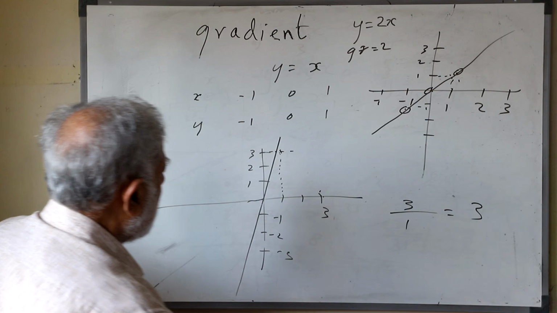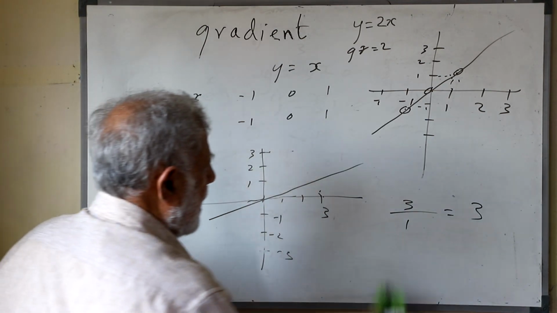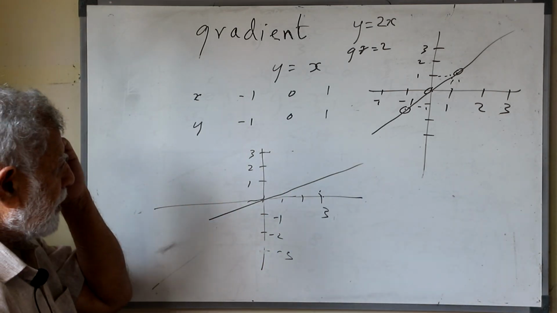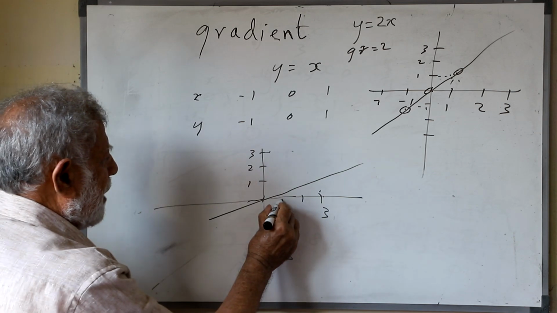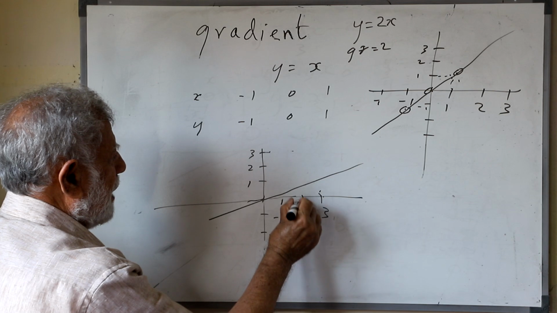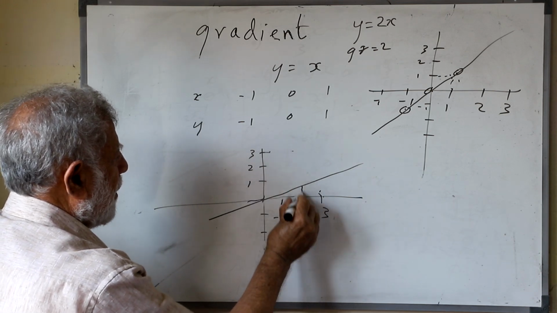We will take one more example. This is the line, but we don't know the gradient. So, we have to follow the rule perpendicular upon base. We will always take a whole number for the base, 1, 2 or 3. Suppose we take this number, so we take a perpendicular from here to here.